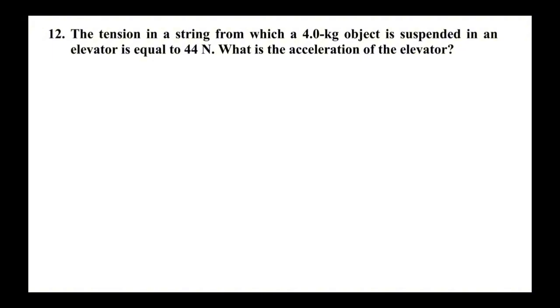The tension in a string from which a 4 kilogram object is suspended in an elevator is equal to 44 newtons. What is the acceleration of the elevator? Now in this case here, sum of all forces on y equal to ma, and in this case tension minus mg equal to ma, or 44 minus 4 times g, in this case it's 10, equal to 4a.